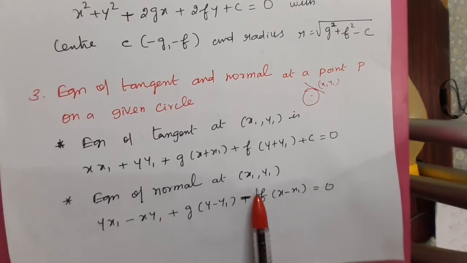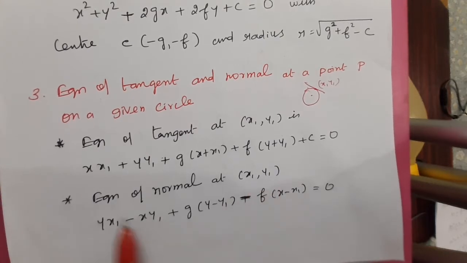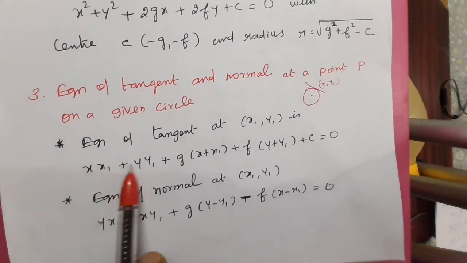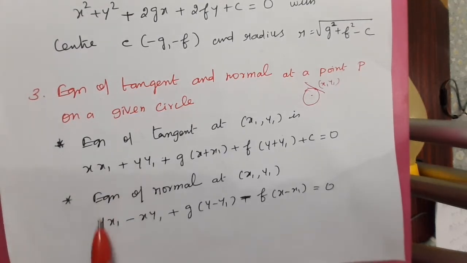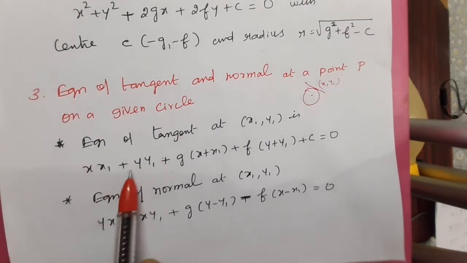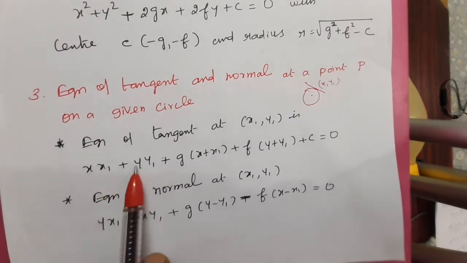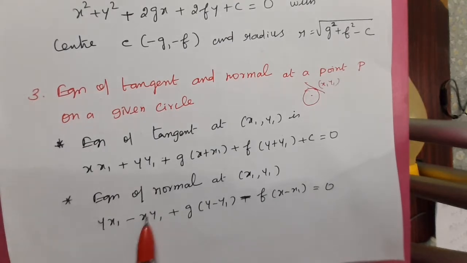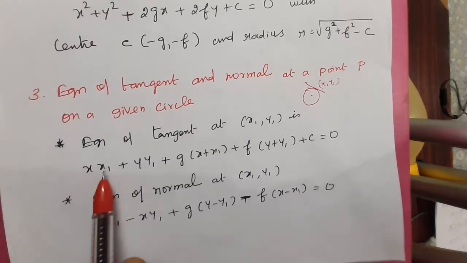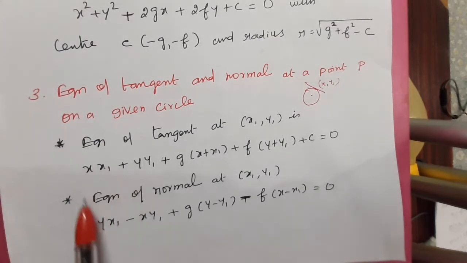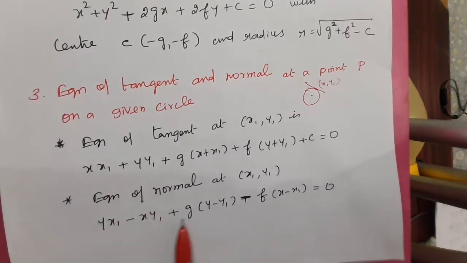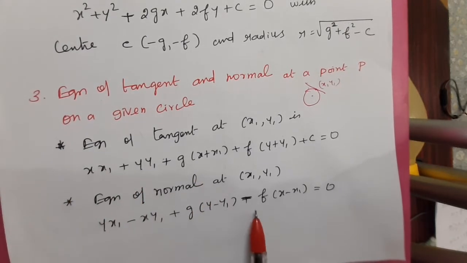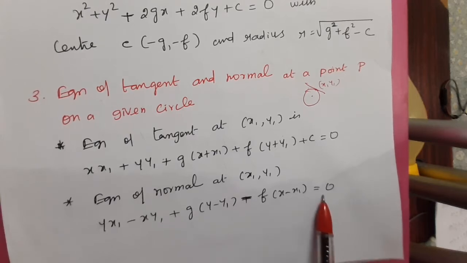Equation of the normal at x1, y1. Just rearrange: interchange x and y. The equation is y x1 minus x y1 plus g into (y minus y1) minus f into (x minus x1) equal to 0.